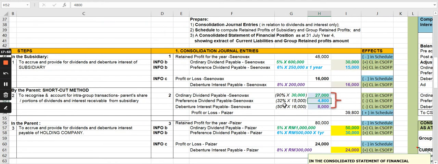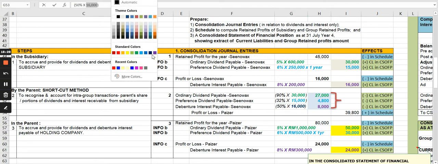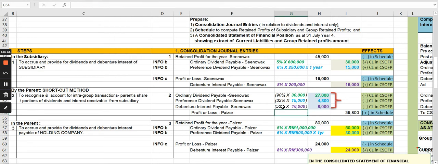The third one is regarding debenture interest payable. What you would do is you will take the amount of debenture interest payable, that 16,000, and multiply it by 50%, which is the percentage acquired in the debenture.